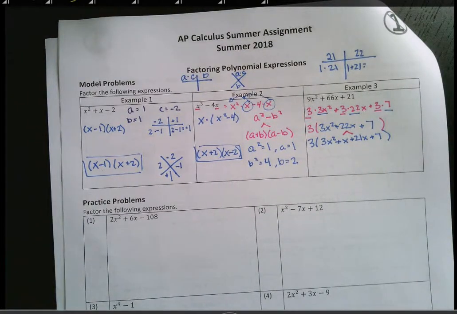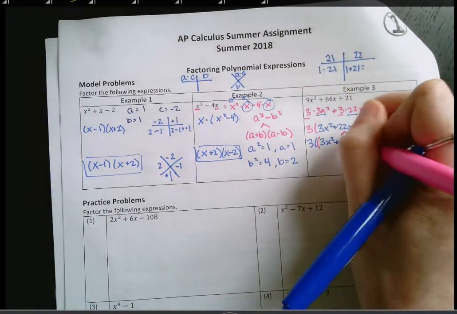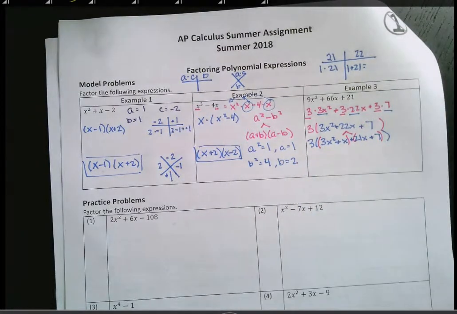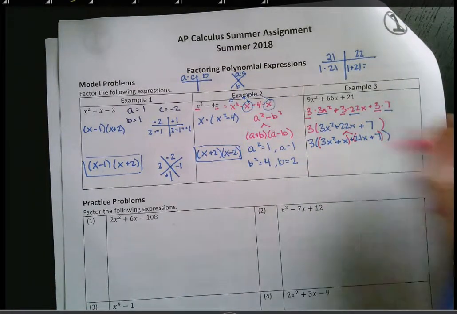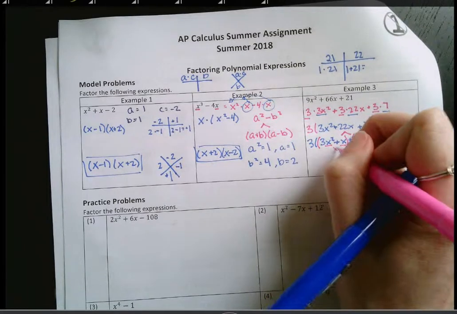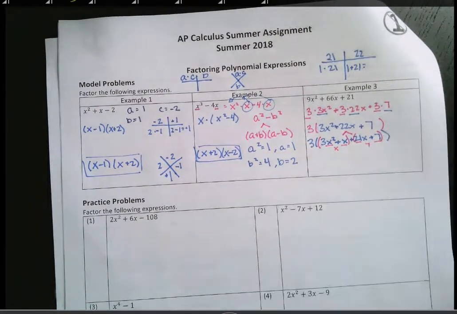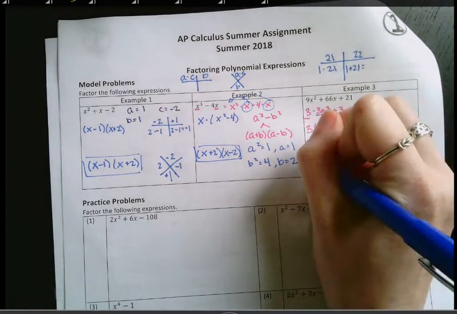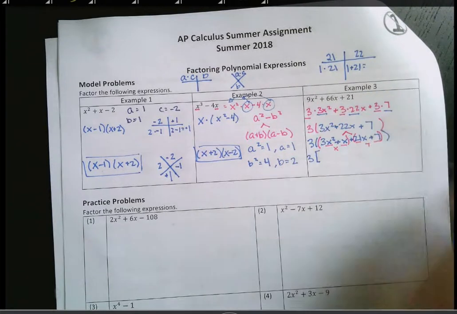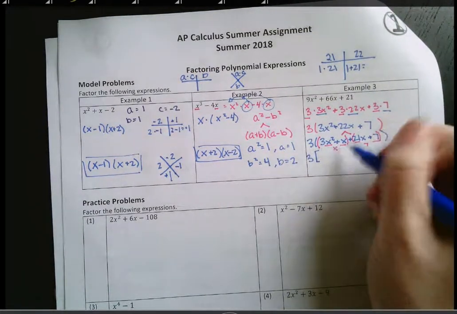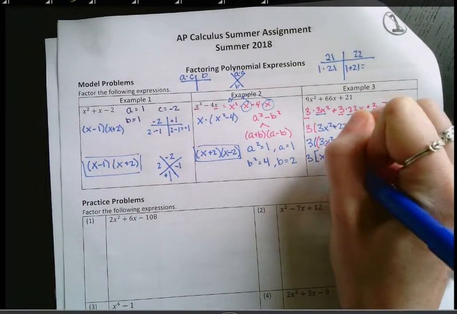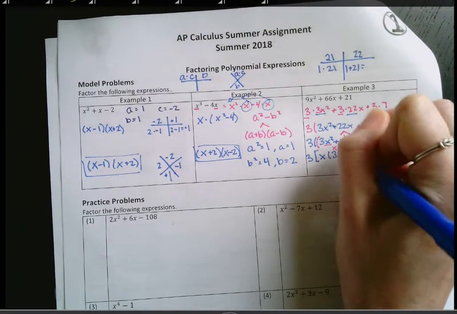So now that I'm here, we're factoring by grouping. I'm going to group these 2 and I'm going to group these 2. I look for what they have in common. This one, they both have an x, so I'm going to divide that out. For these 2, they're both able to be divided by 7, so that's what I'm going to pull out there. So this 3 out front is going to be here. If I take x out of here, it's going to look like an x times a 3x plus 1.